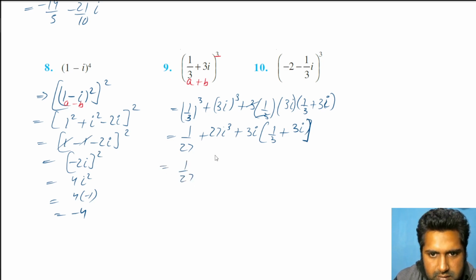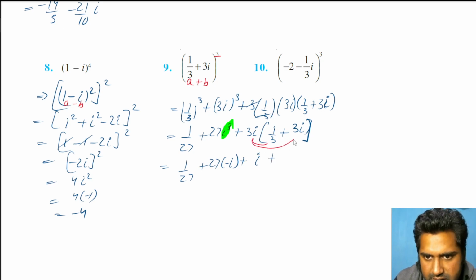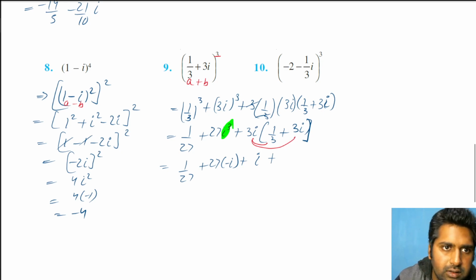1 by 27 iota cube. Okay, what do we have to do about this? We have to replace that with minus iota. 3i into 1 by 3, multiply this, you'll get iota, and then you have to multiply this and multiply this. 3 into 3, 9. So 9 iota square.